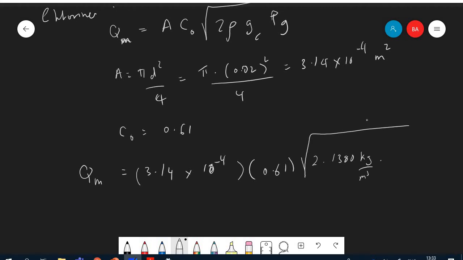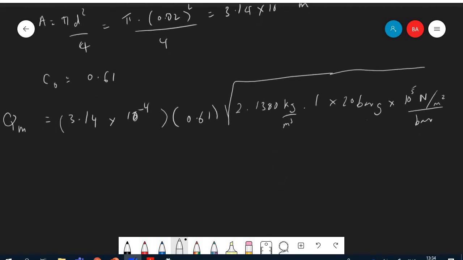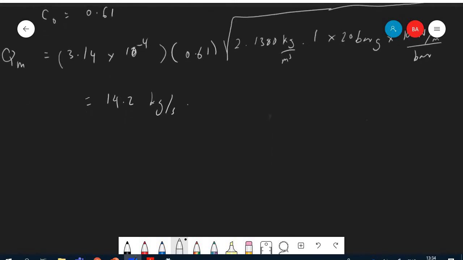I'm taking SI units, so it's 1 here, times Pg, which is 20 bar gauge. So I need to change that into newtons: 10 to the power 5 Newton per meter squared, Pascal, per bar. So everything is there. The answer is going to be 14.2 kilograms per second. Okay, so that was the first part.